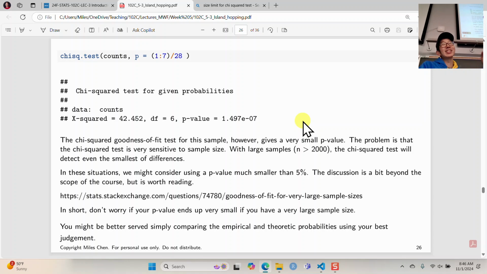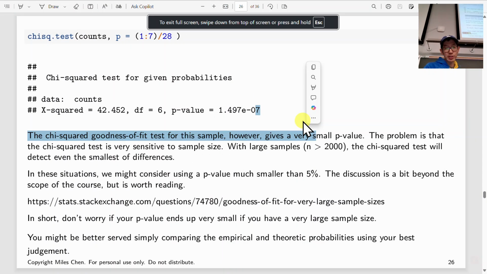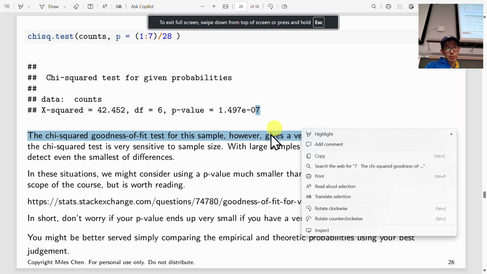It's very sensitive to any kind of changes, because the way it's calculated is observed minus expected squared divided by expected, and if your expected number gets really big, then it gets quite sensitive to these changes. So I don't know. Well, anyway.